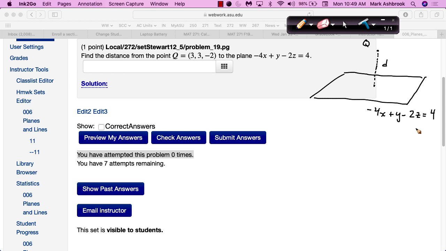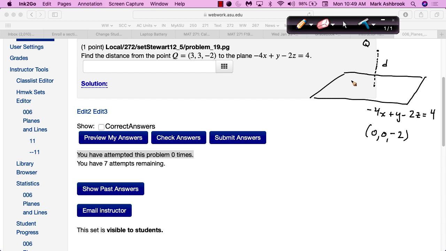So looking at the plane, what could we get from the plane? Yeah, we could get a point on the plane, and we can do that easily. What do you want to plug in? Yeah, just go 0, 0, remember? 0, 0 in this case, z is negative 2. Now will that be that point right there?